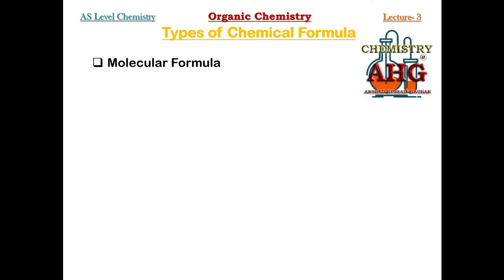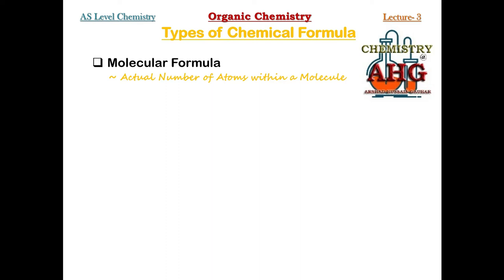It is a type of chemical formula that tells us the actual number of atoms of different elements within a molecule. So whenever we get to know the actual number of atoms from a formula, it means that is molecular formula.